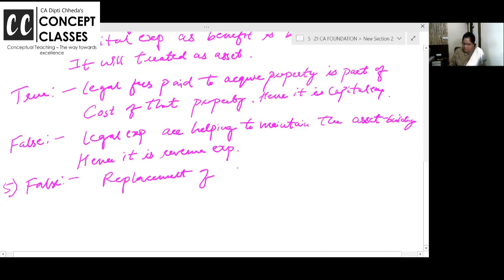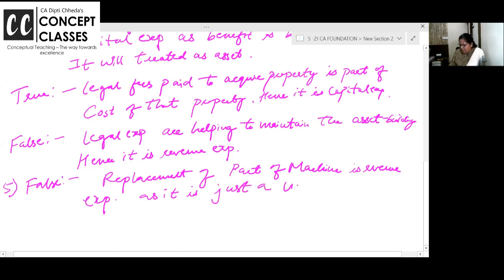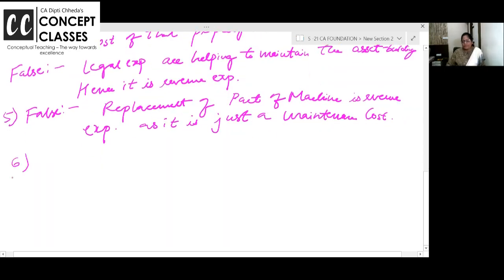Replacement of the part of the machine is revenue expenditure, as it is just a maintenance cost. No? You're just maintaining the asset with that. Maintenance cost. Fifth one. Oh, sorry, I closed it early.